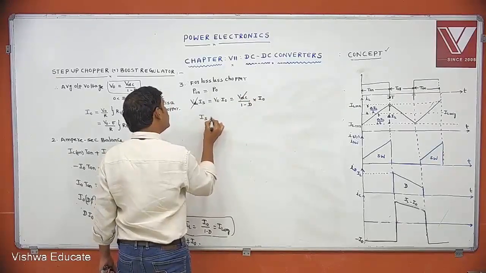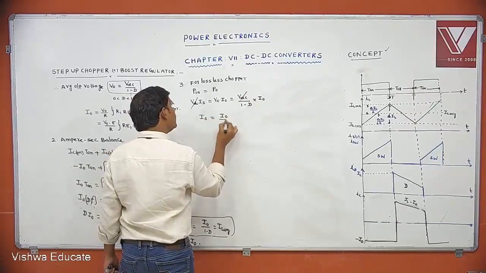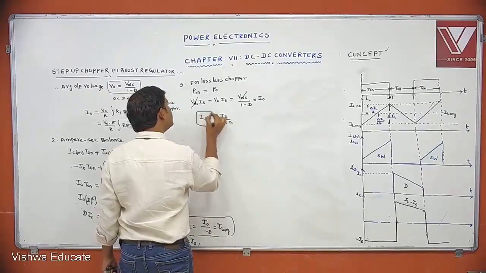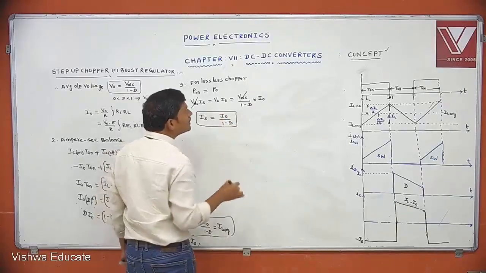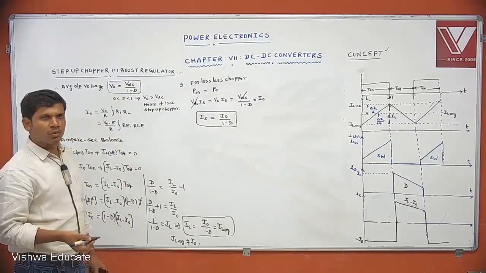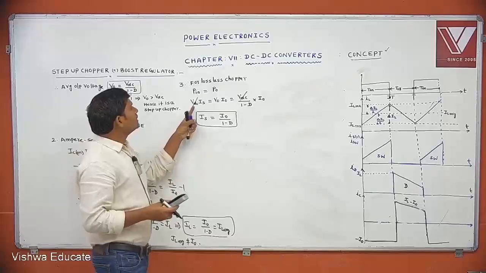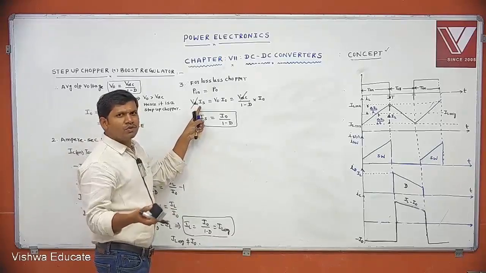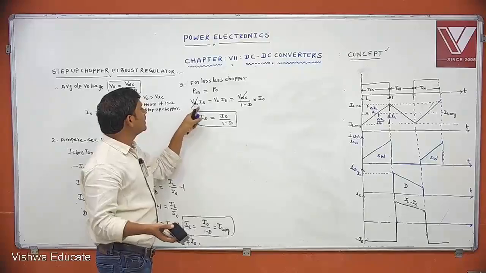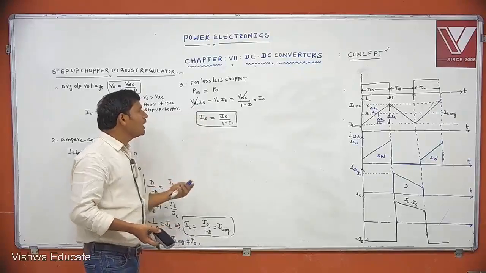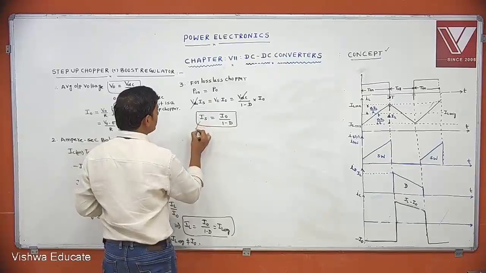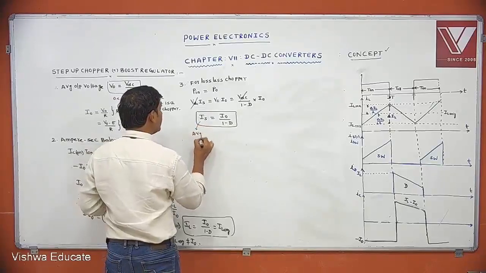IS equal to I naught by 1 minus D. You can take the notation either VDC or VS. Here I have taken VDC notation, since I represented VDC in the circuit. Then IS equal to I naught by 1 minus D. This is the average source current.